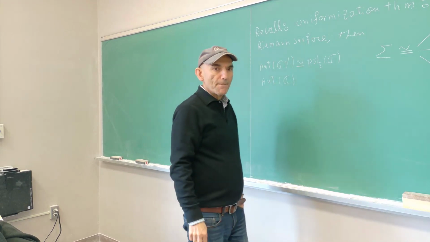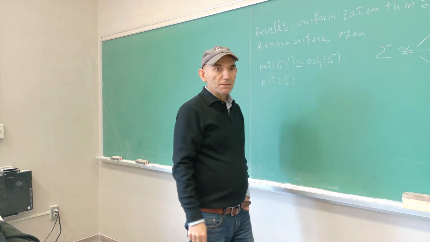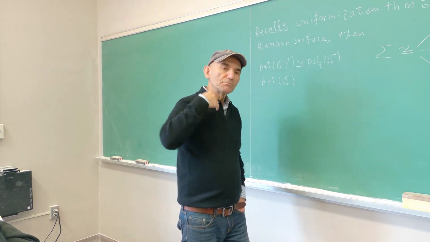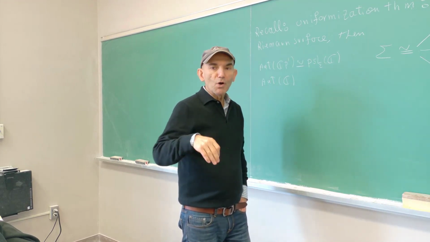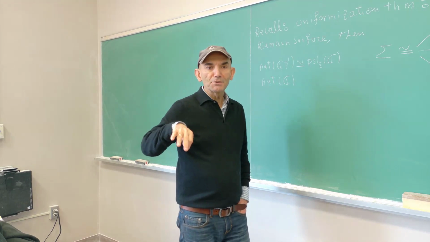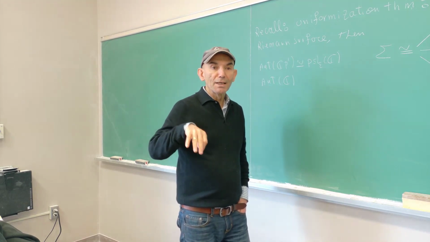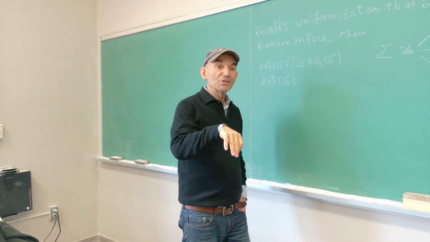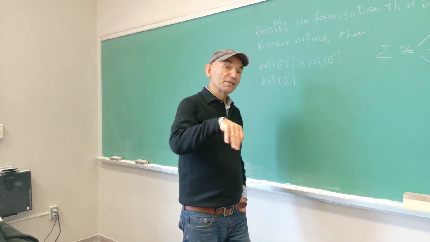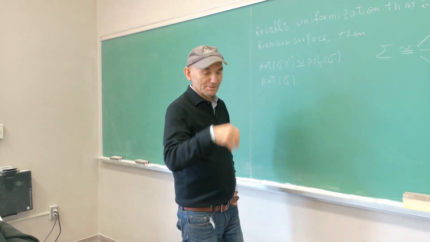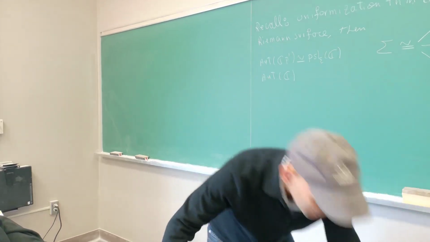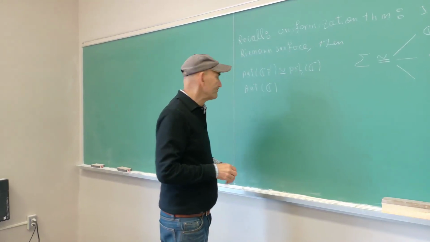Is it PSL2C or just SL2C? No, it's PSL2C. Because multiplying everything in a Mobius transformation by plus or minus 1 changes the matrix but does not change the action, and we care about the action. So it's a quotient of SL2C by its center, which has two elements.